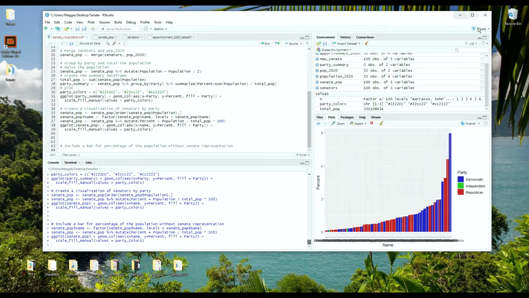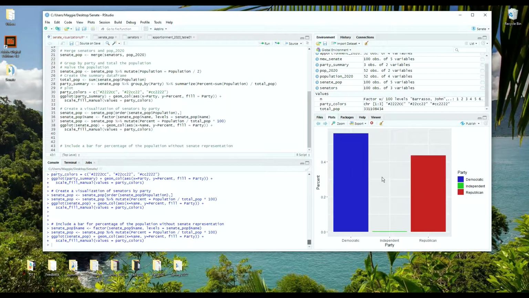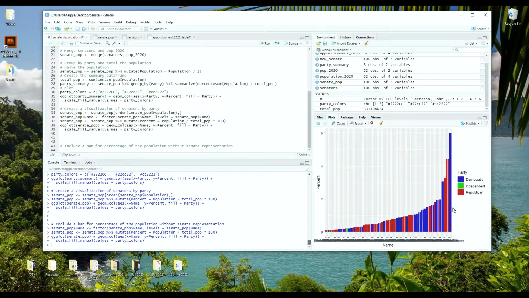Okay, so I'm not sure if this plot is really much better than this plot in giving us a picture of the Senate. But this is California, of course. Oh, and of course we need to get rid of this stuff down here.